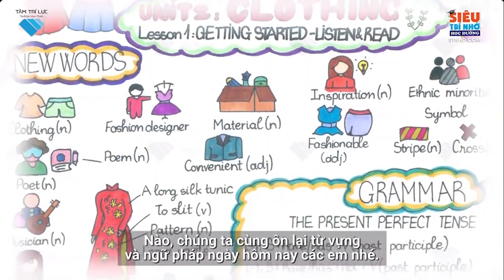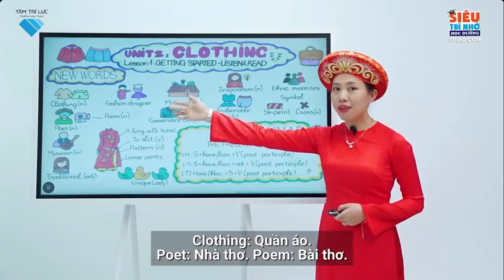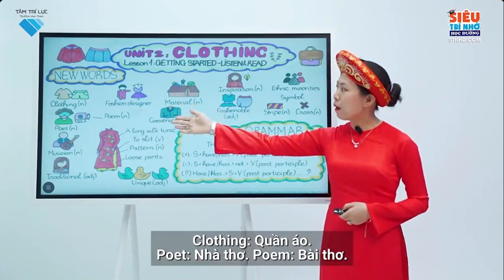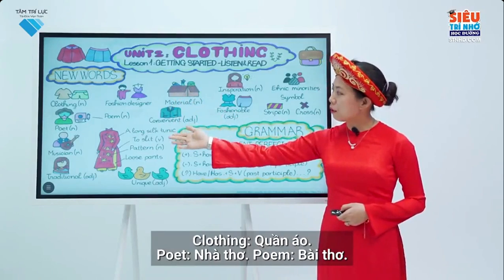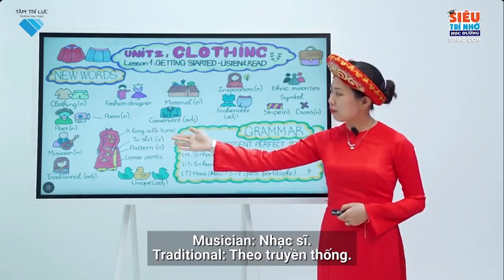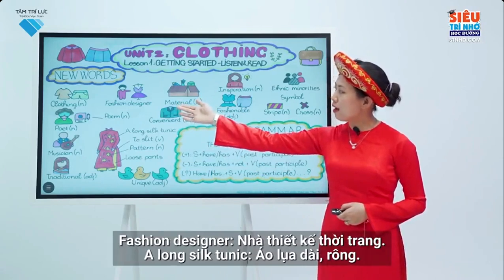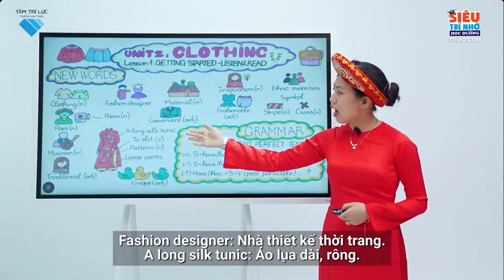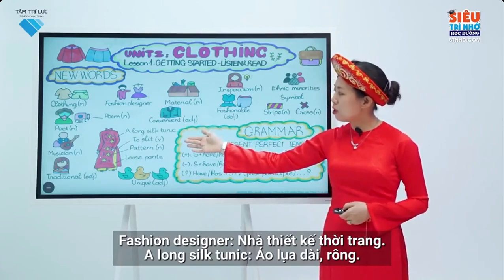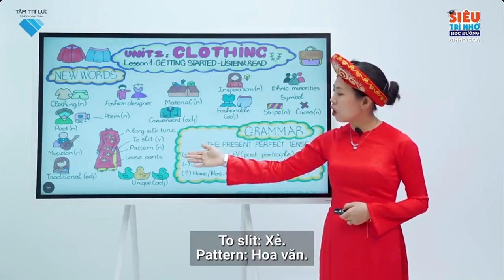So let's review today's vocabulary and grammar. Clothing. Poet, poem. Musician, traditional. Fashion designer, a long tunic. To split, pattern. Loose pants.